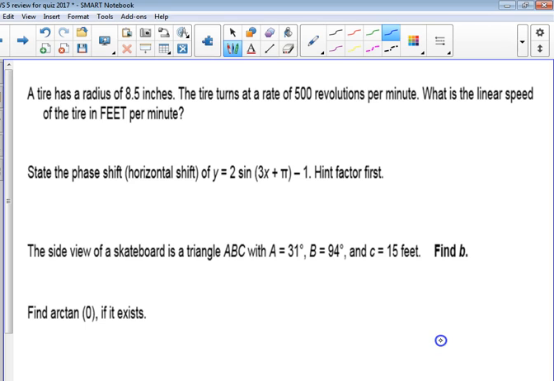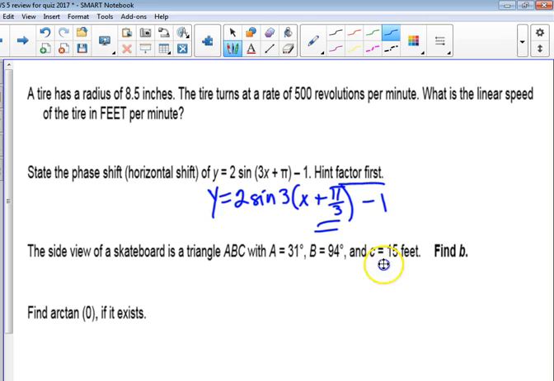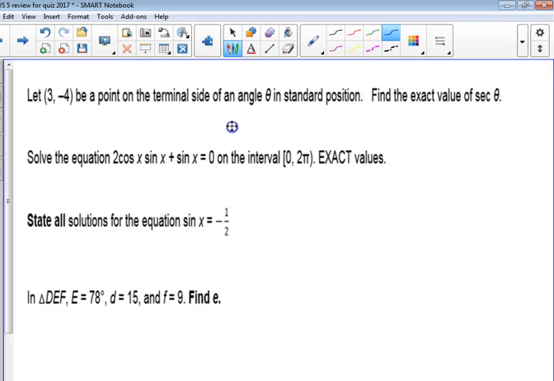I don't know if there's one where you actually have to factor, but if we factored and divided out the 3, this would be a pi over 3. So the phase shift would be left pi over 3. This is like a law of sines question. Find the arctangent. That's just using your inverse unit circle. This is drawing again. This is solving, but you just got to take out a sign.